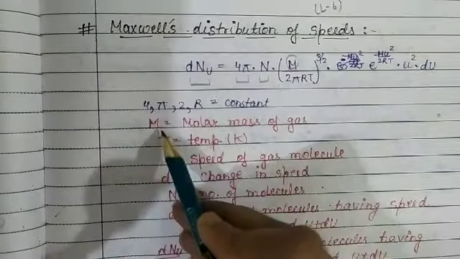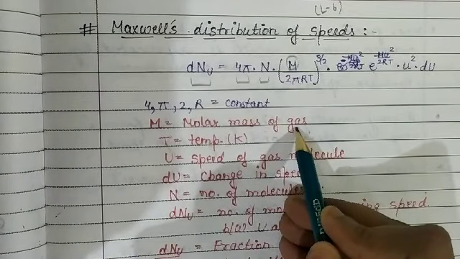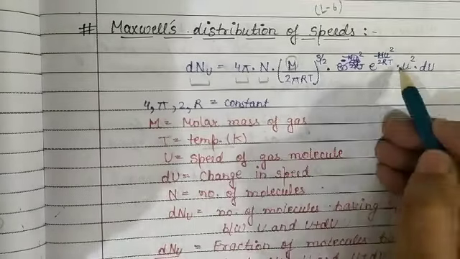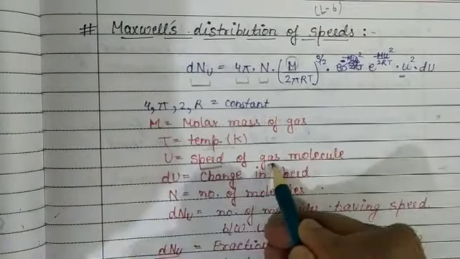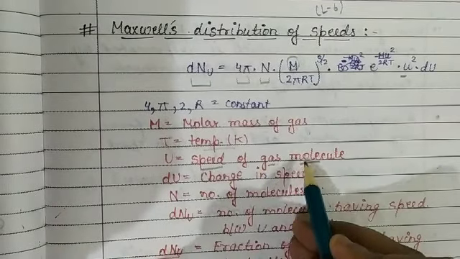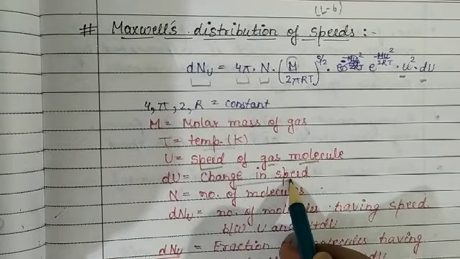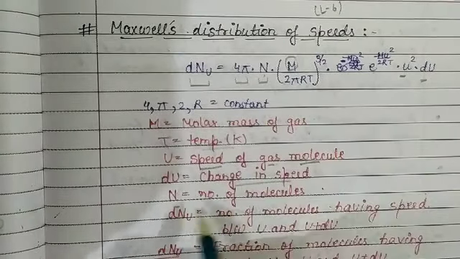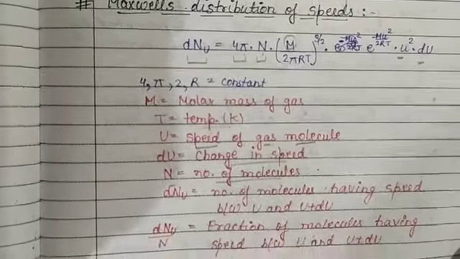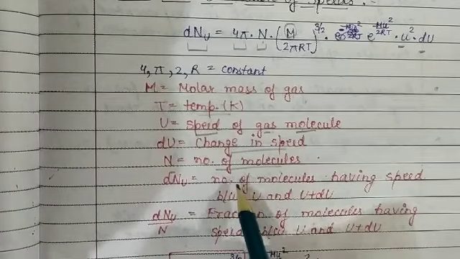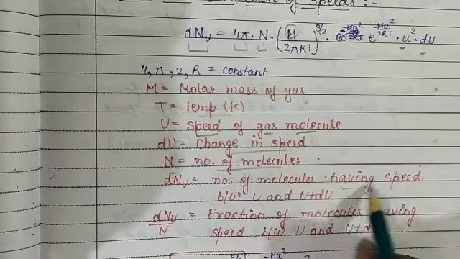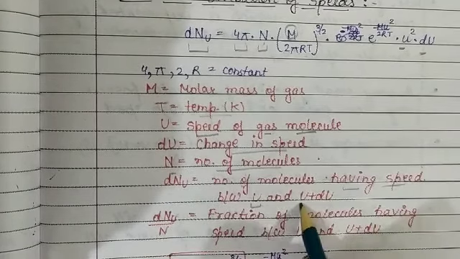Capital M is the molecular mass of the gas, and T is the temperature in Kelvin. u is the speed of gas molecules, du is the change in speed, and capital N is the number of molecules. dN_u is the number of molecules which have speed between u and u plus du.